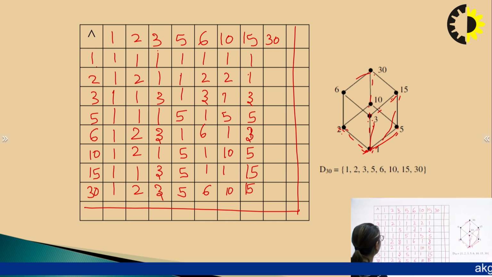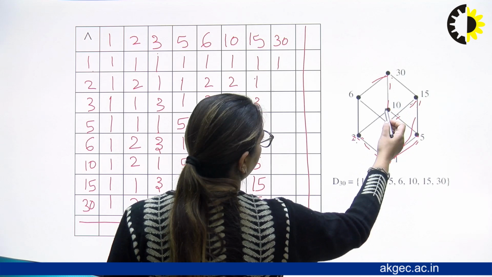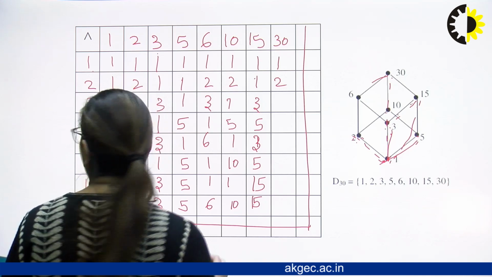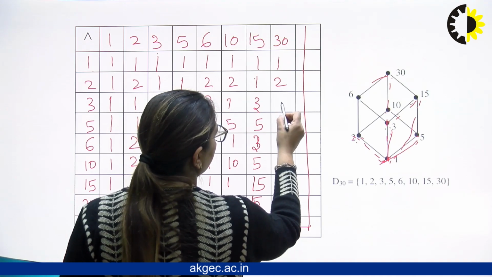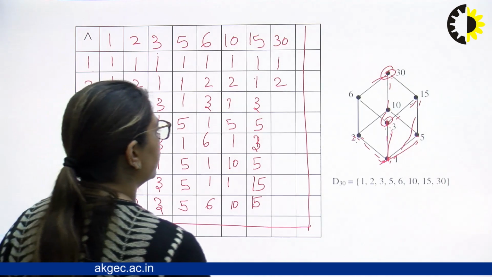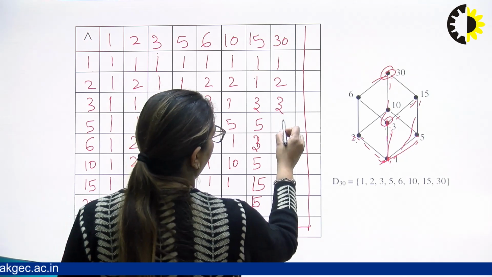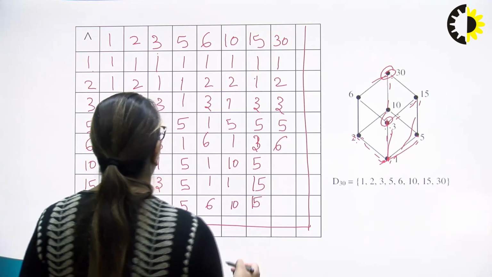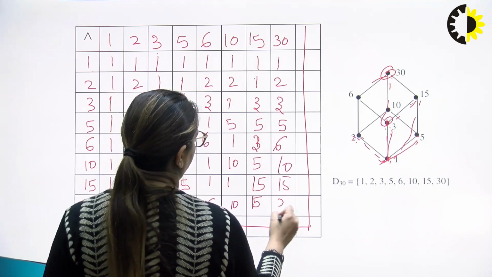Similarly, you can make it for 30, 30 and 1, 1, 30 and 2. 30 and 2 are intersecting at 2, right? 30 and 3, this is 30 and this is 3, and we can see that they are all intersecting at 3. 30 and 5, right? 30 and 6, 30 and 10, 30 and 15, 30 and 30, 30.